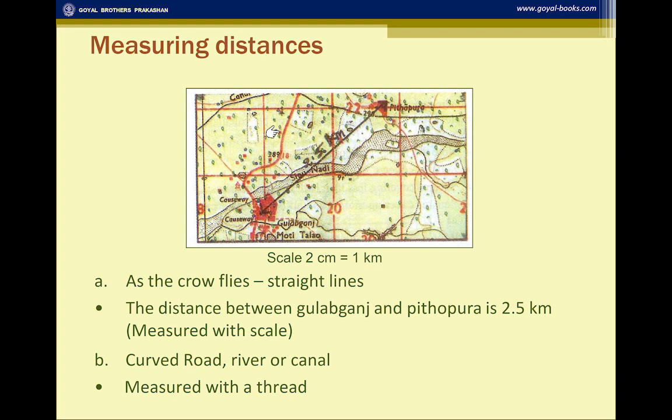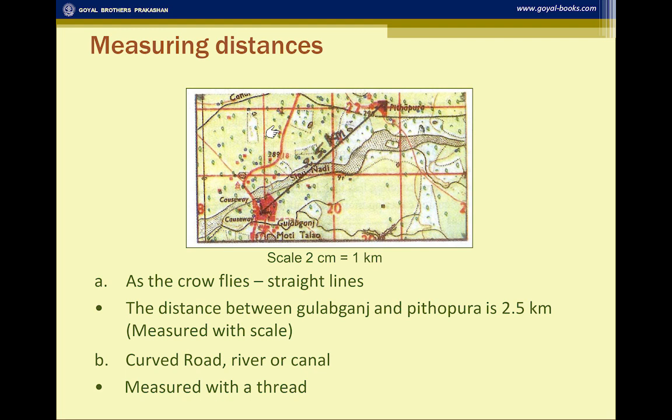Mark that point. After that, put it on 0 in the given scale at the bottom of your survey sheet. Put it on 0 and see how many total kilometers you have got. Suppose it is 3 kilometers plus a little extra distance. Mark that point at 3 kilometers.